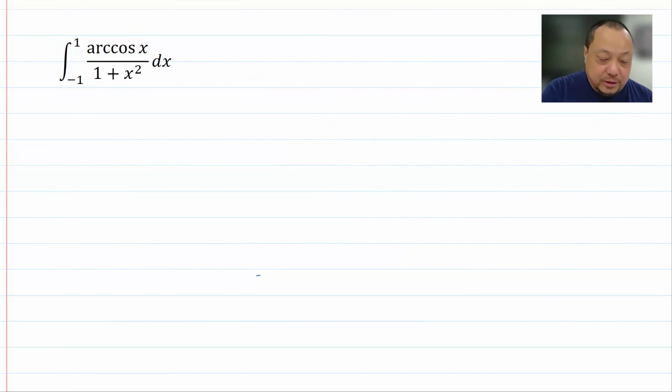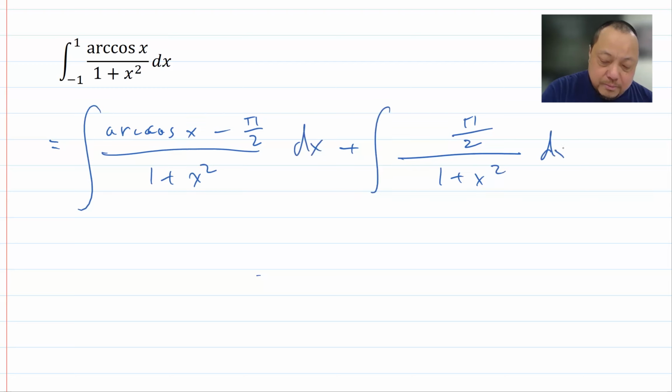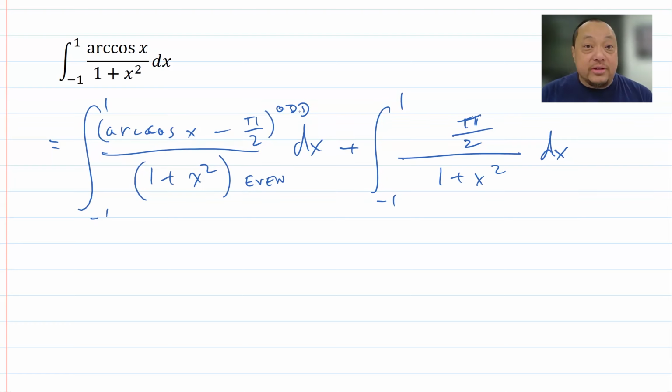I can now do this integral by first subtracting pi over 2 and then adding pi over 2. Same denominator, negative 1 to 1. This denominator is even. This numerator is odd. Then the whole thing is odd, and the first integral is equal to 0. Now the second integral, I factor out the pi over 2.